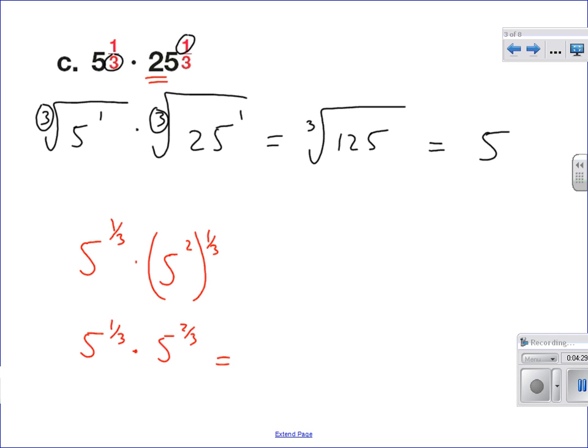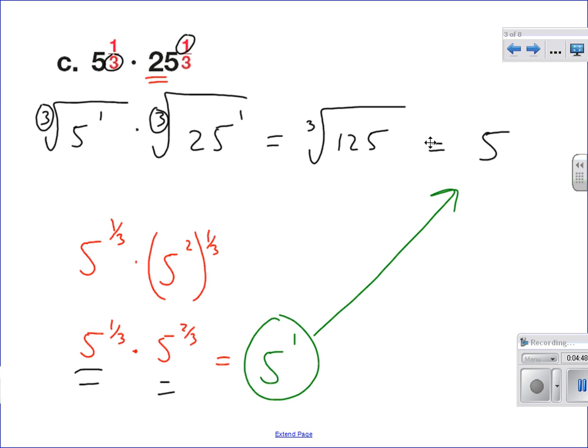And you guys all say, okay, the bases of 5 are the same. Yay. So that means I can multiply these together, and I get 5 to the 1/3 and 2/3. 1/3 and 2/3 is a grand total of 1, so 5 to the first, which is 5. So depending on what you like, there's two ways of doing that same problem right there.